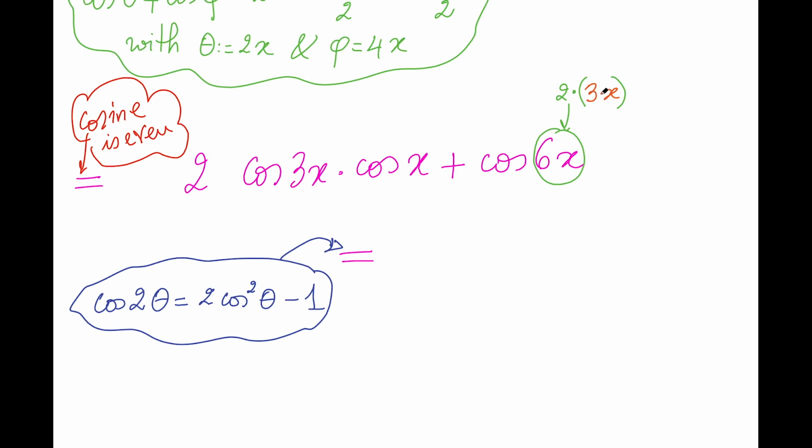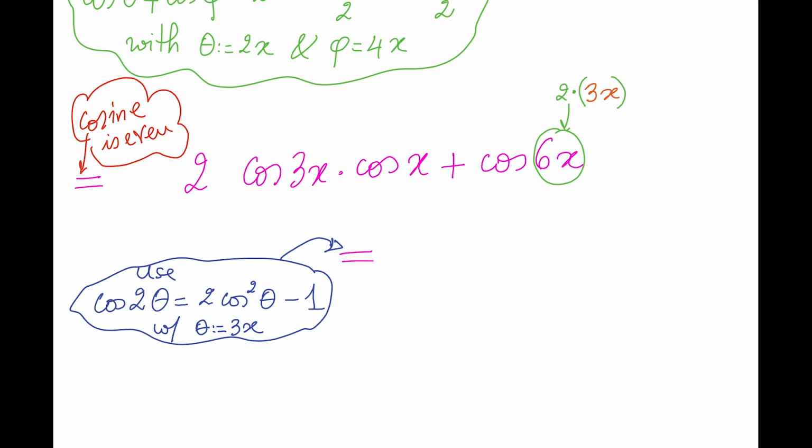Because cosine of twice theta, in this context, I have cosine of twice the 3x. So the 3x is the theta. So I'm using this with theta being 3x.